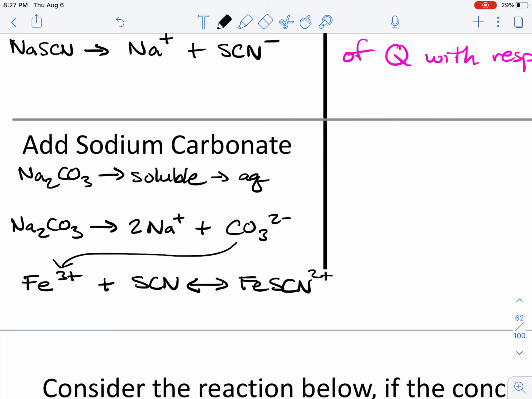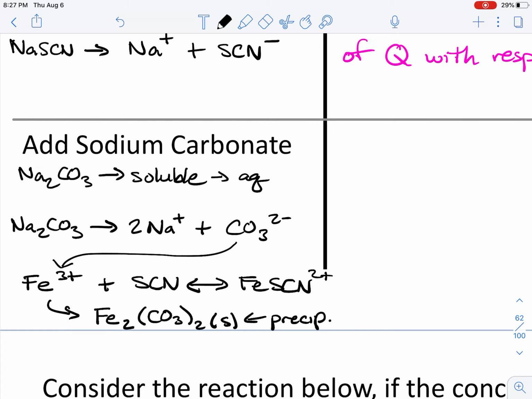Okay. And so this carbonate is going to react with this iron, producing iron(III) carbonate. And it's going to be solid. In other words, it's going to precipitate.